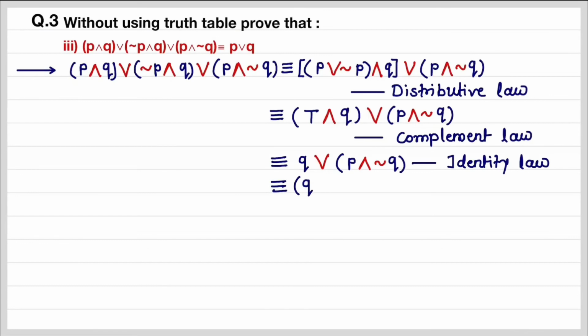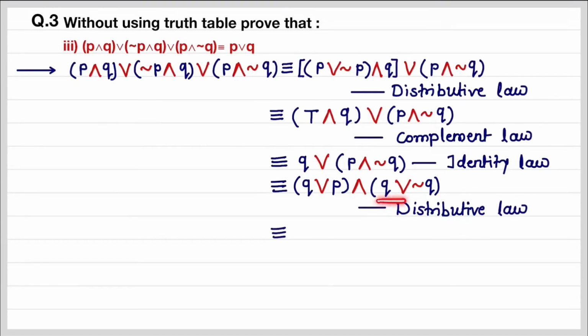We have to distribute Q over the second bracket: Q or P and Q or negation of Q. But Q or negation of Q is equivalent to T by complement law. So it becomes Q or P and T and T. Reason is complement law.